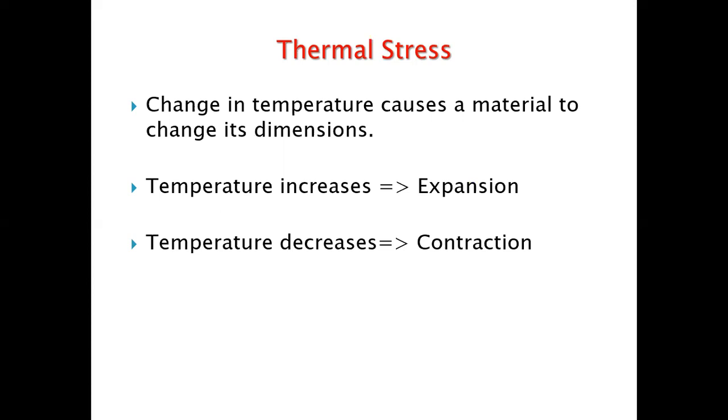When the temperature increases, it will expand, and when the temperature decreases, it will contract. The basic example is a steel bar: when we heat it, there is a change in length and it expands, but when the temperature decreases, it will contract.